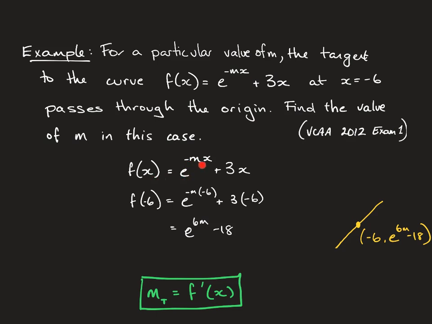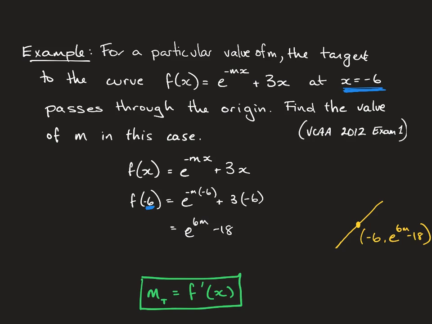So we know that the function is e to the minus mx plus 3x. We're going to need to know the coordinates of the point that this tangent is touching the curve on. So we substitute in x equal to minus 6 into our function f to find the coordinates of our point.